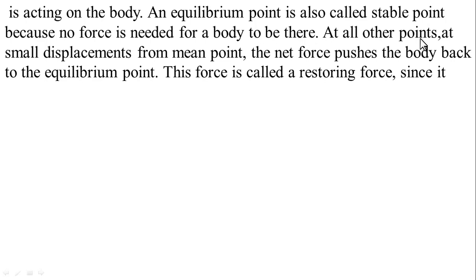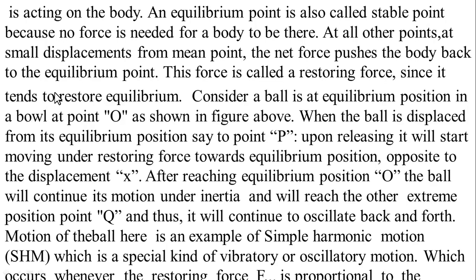At all other points, for a small displacement from the mean point, the net force pushes the body back to the equilibrium point. This force is called a restoring force, since it tends to restore equilibrium.